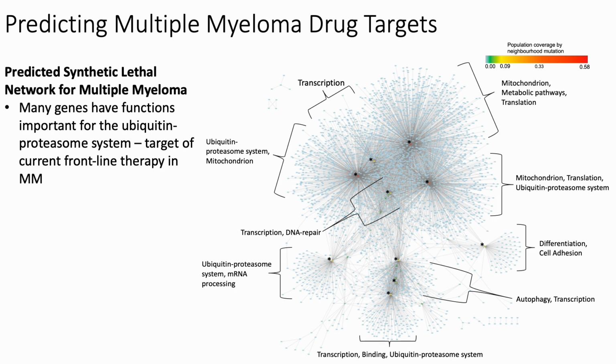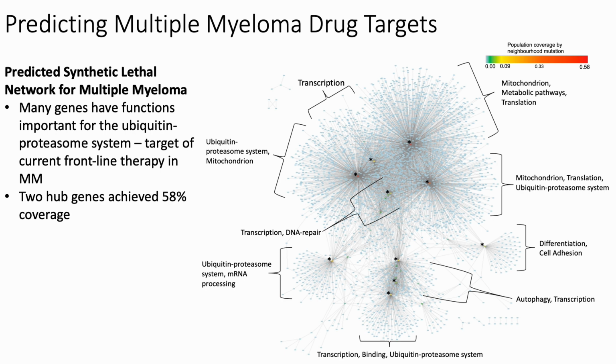A drug targeting any of these star genes is predicted to have a therapeutic benefit for at least 5% of myeloma patients. Importantly, from this network, many genes are involved with the ubiquitin proteasome system, and this is dysregulated in multiple myeloma and a target of current frontline therapy.